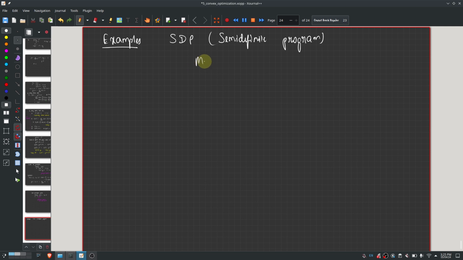You want to minimize a linear function c transpose x, subject to, of course you can have some equality constraints, but let's not worry about that, G plus summation i equal to 1 to n xi Fi is PSD.